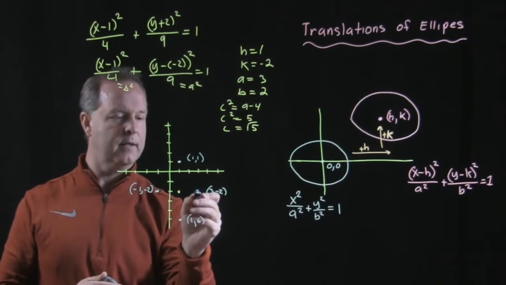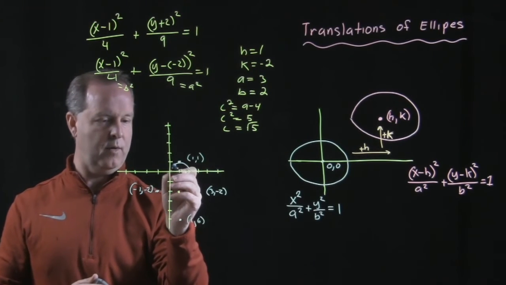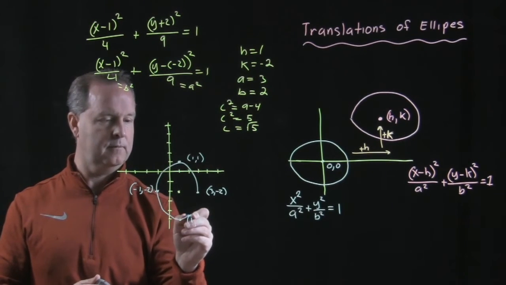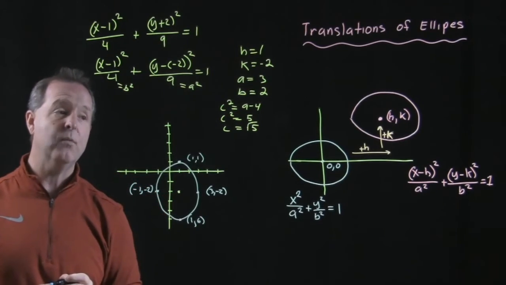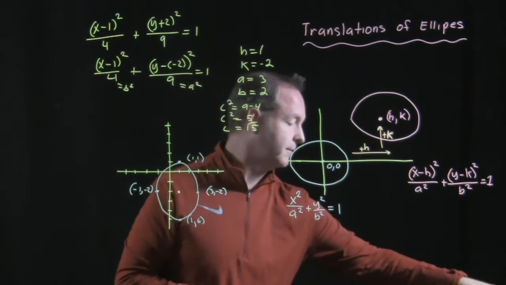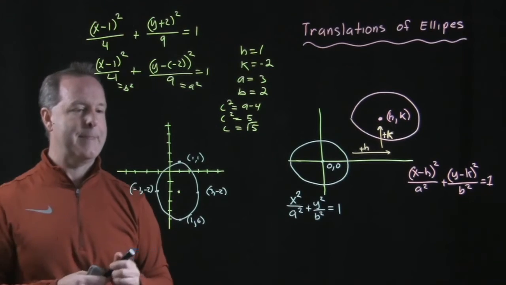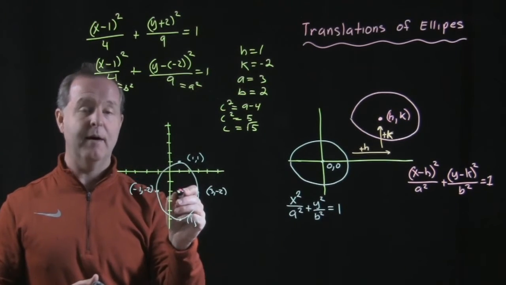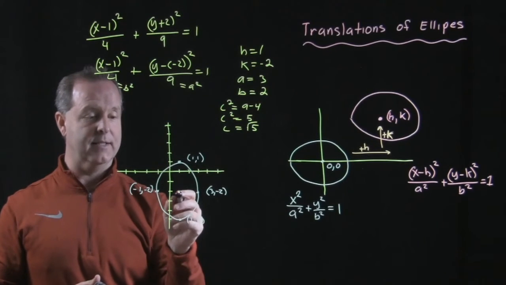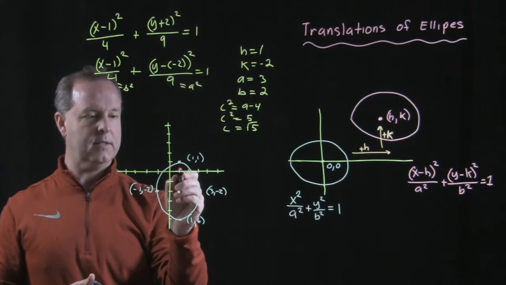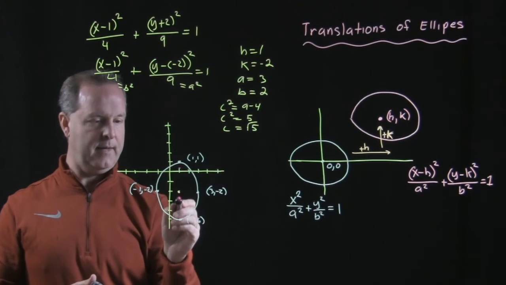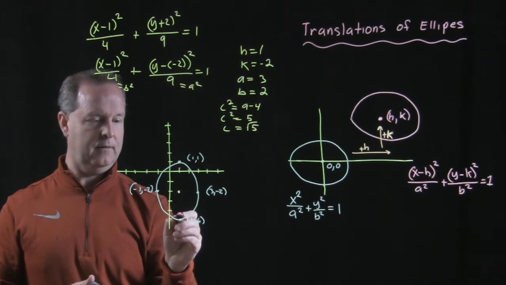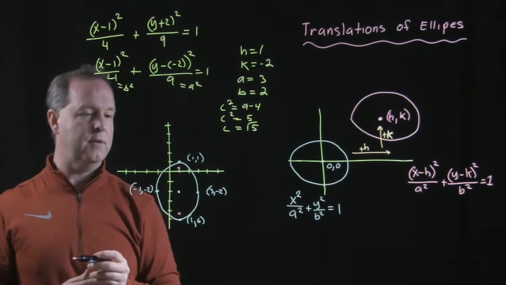Let's do my best job to graph what appears to be an ellipse. And then we're left to figure out where the foci are. The foci are root 5 units above and below the center along the major axis. And root 5 is a little bit more than 2. So right about there and right about there are the two foci.